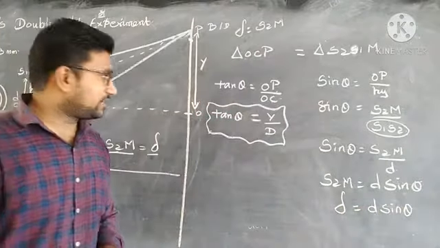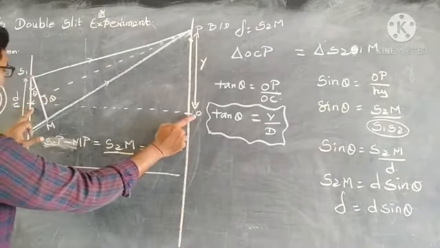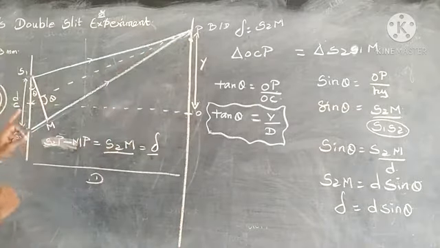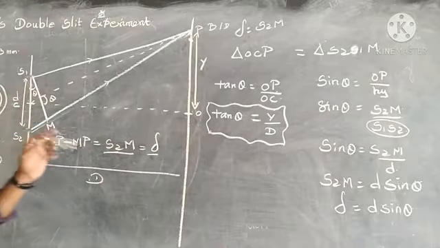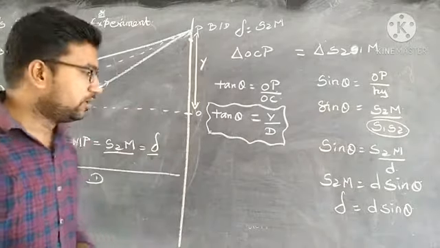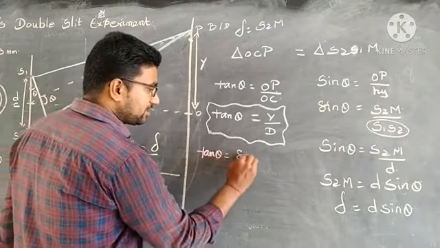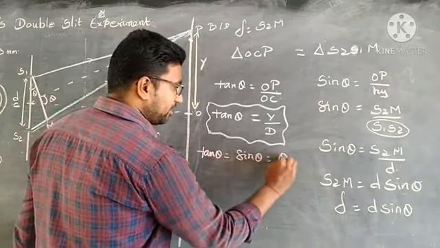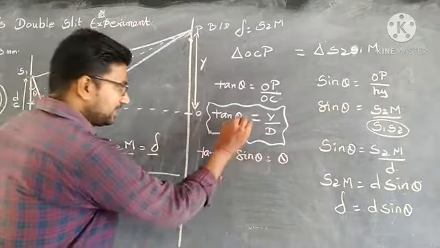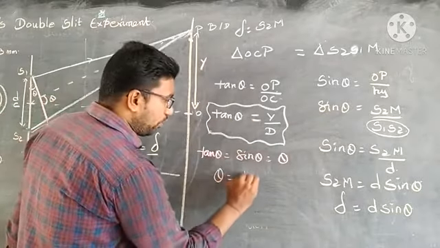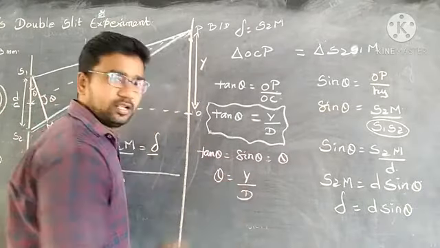For our consideration, here the triangle OCP and the triangle S2S1M have a small angle. So let me consider tan theta equal to sin theta equal to theta. That means the theta value becomes y by D. Am I right?